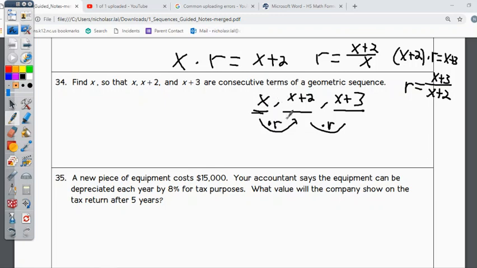So what this means is that x plus 3 over x plus 2 is equal to x plus 2 over x, because they're both equal to r. That's the train of thought here: you take each term and divide it by the previous term to get r. All right?